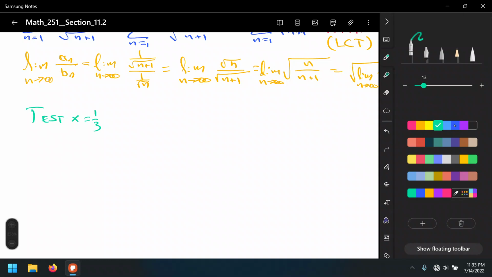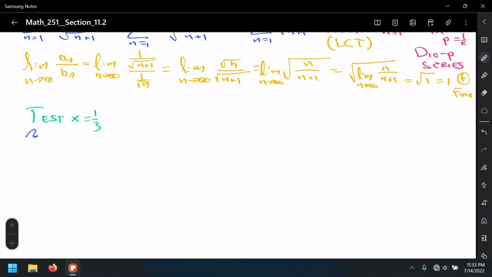So we get the sum from n equals 1 to infinity of negative 3 to the n times 1/3 to the n over the square root of n plus 1.